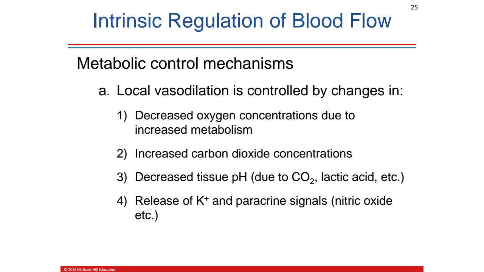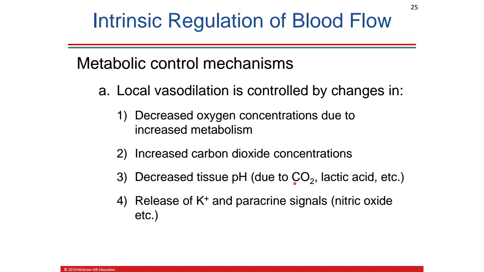At the same time, other signals will also indicate that there should be an increased blood flow to a particular capillary bed, such as an increase in carbon dioxide concentration. Again, that would be a waste product of aerobic metabolism. There may be a local decrease in pH, so this means there's an increase in hydrogen ion concentration.